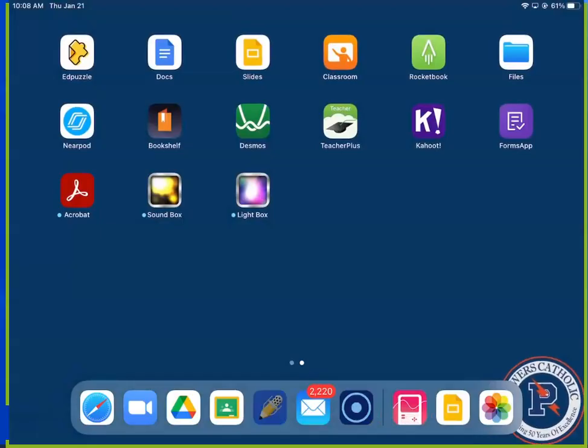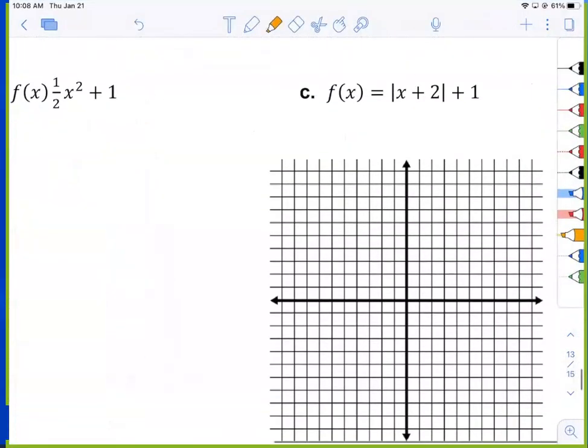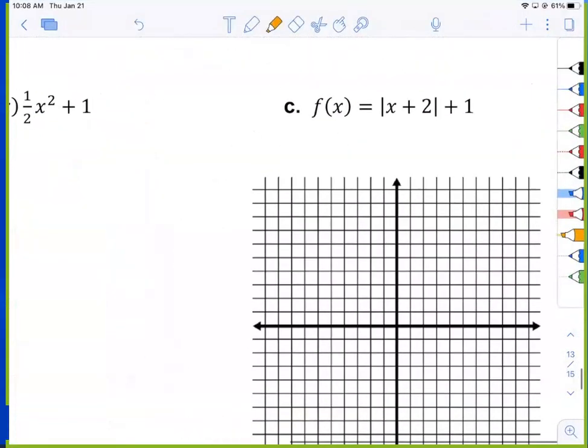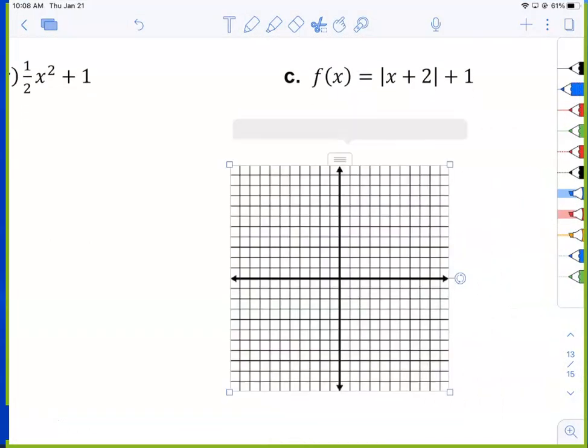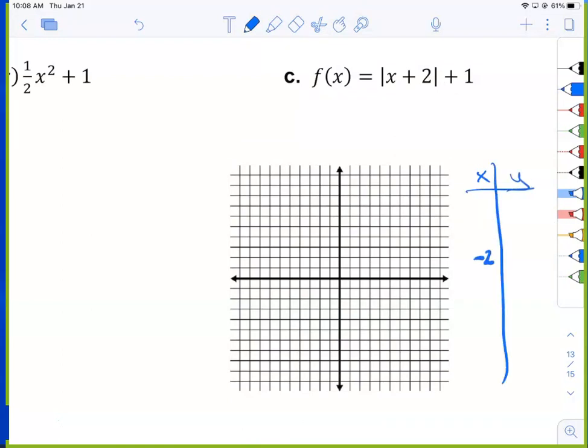So if we make this table, part C here, X, Y. At negative 2, we were at 1. At negative 3, we're at 2.